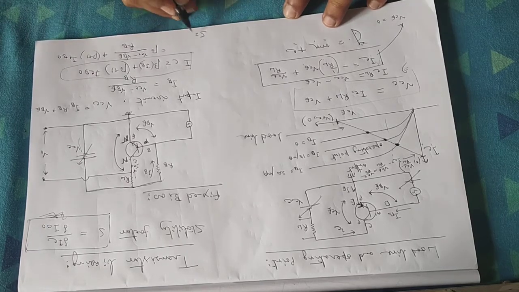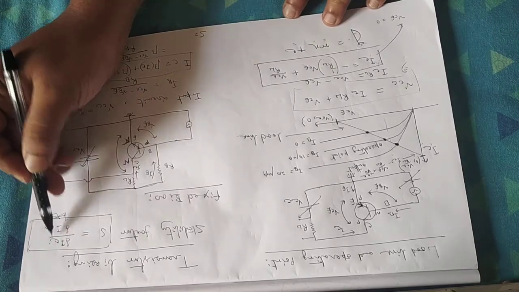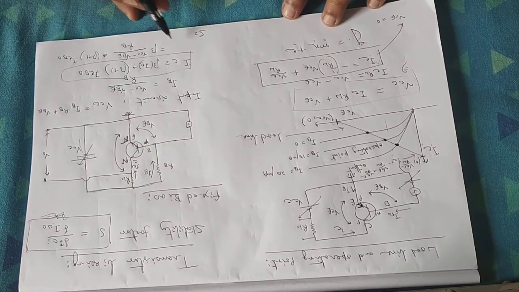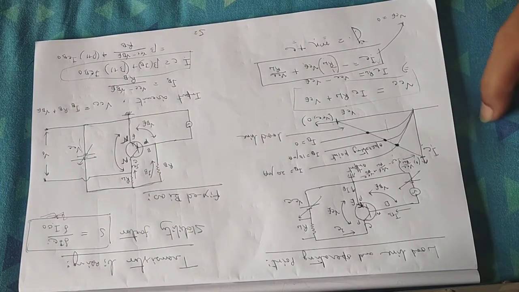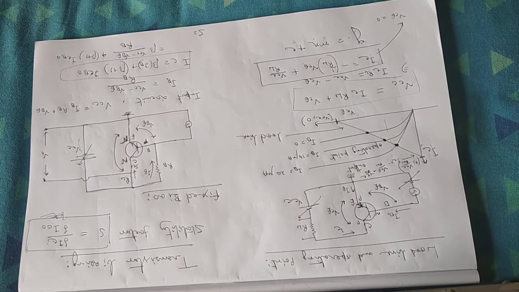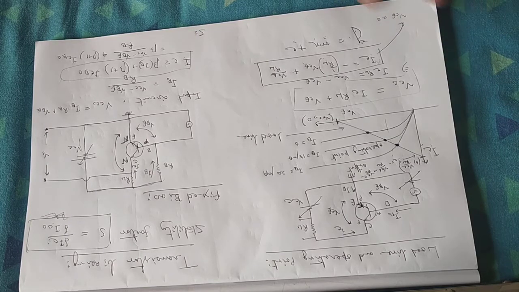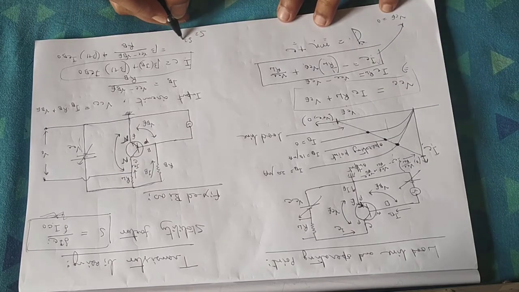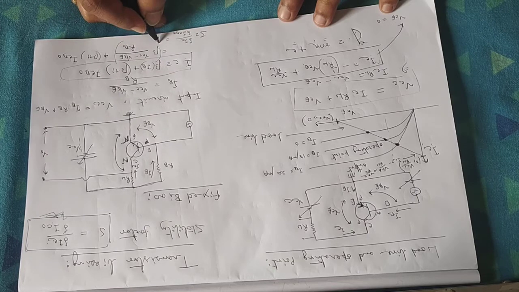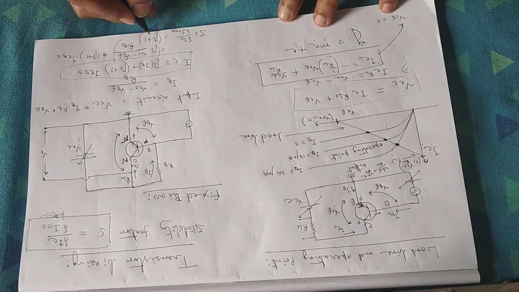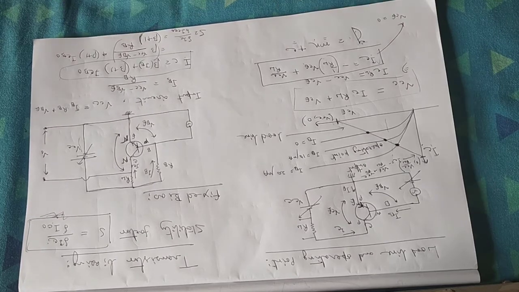Now calculate the stability factor S equals delta IC by delta ICO or ICBO. Differentiate both sides with respect to ICBO. The left hand side will give the stability factor delta IC by delta ICBO. On the right hand side, the first term will be 0. So we get the stability factor equal to beta plus 1. The value of beta is nothing but hFE.